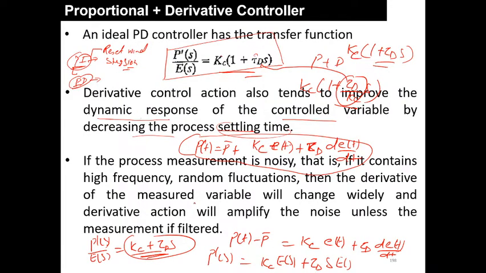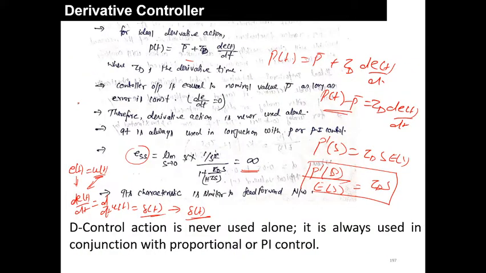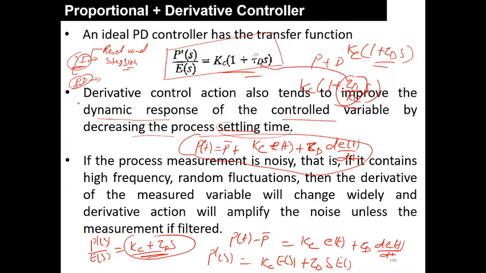So first, we are not using the step input in the case of the derivative controller. Second, the error is high. However, when you combine it with the proportional controller, the error is minimized, but the main thing is that it improves the dynamic response.